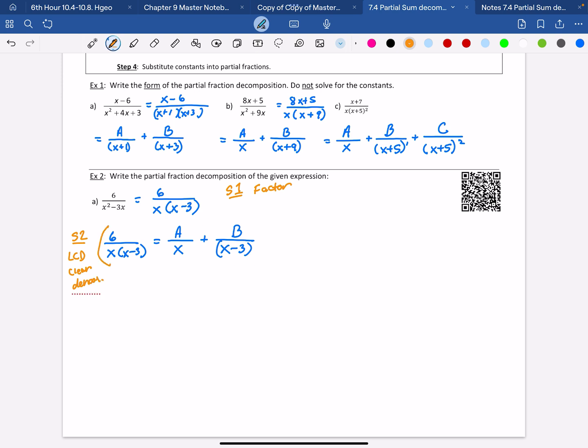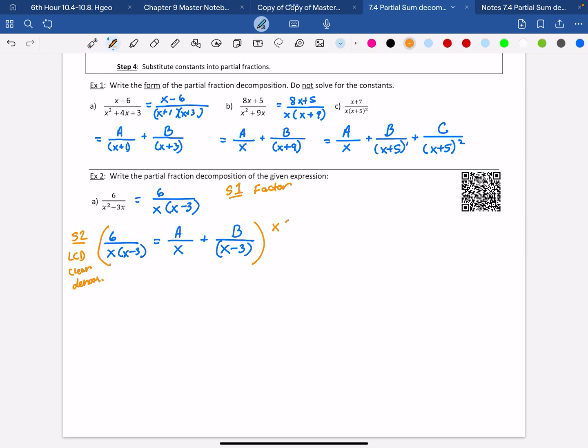What I'm going to do over here is put parentheses around the whole entire equation, and multiply the entire equation by the least common denominator. If you look over here, this factored original denominator is always the LCD, so make note of that.